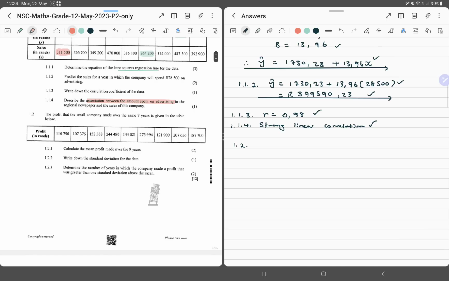1.2 says the profit that the small company made over the 9 years is given in the table below. So we're talking about the profit now. It says calculate the mean profit made over the 9 years. Again, this is all calculator work.